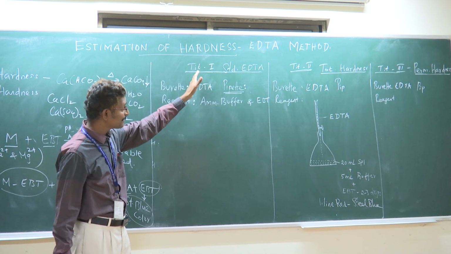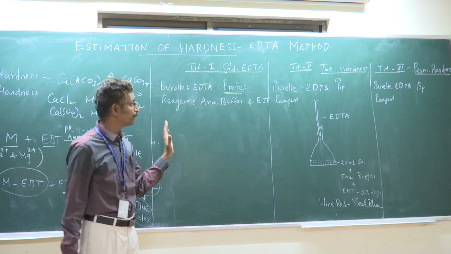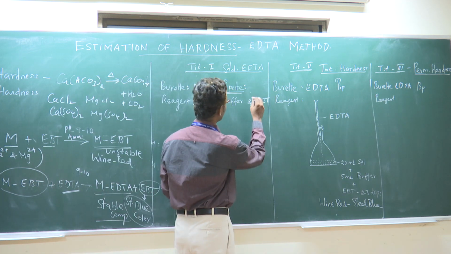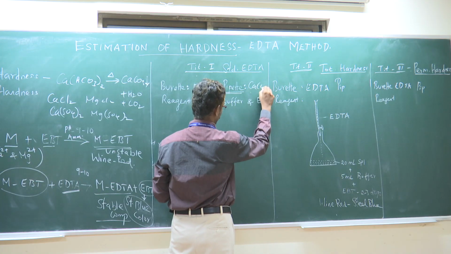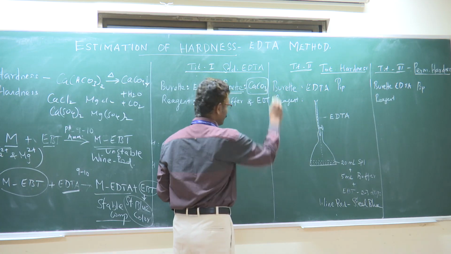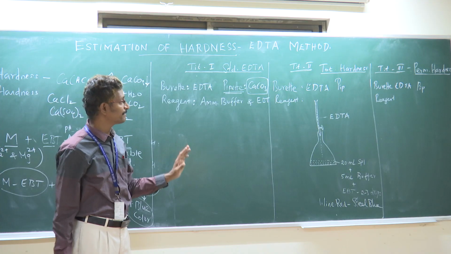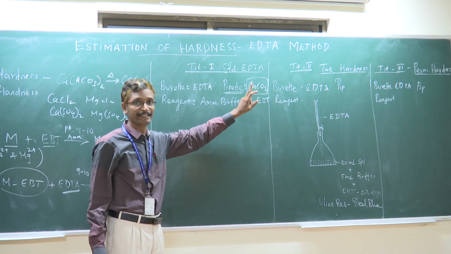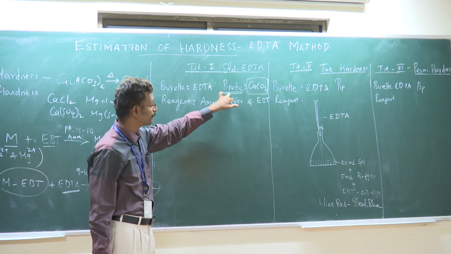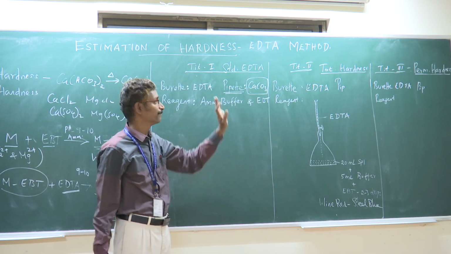For the standardization of EDTA, we have to prepare a calcium carbonate solution, because hardness is always expressed in terms of calcium carbonate equivalent. So here the pipette solution is calcium carbonate solution.